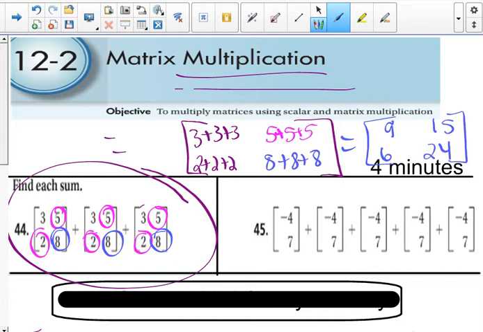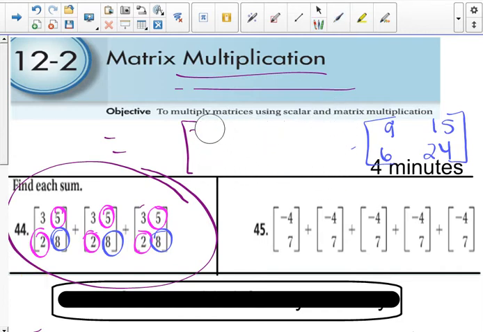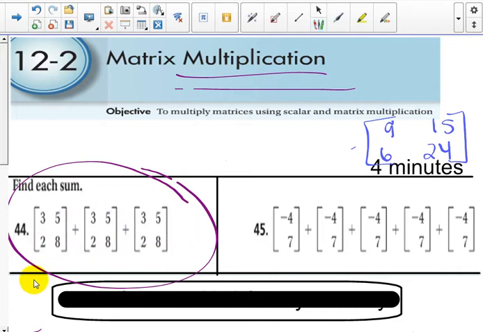There's another way to write this, and this is called scalar matrix multiplication, scalar multiplication. So how we would do that, and let me erase this. How many times are we multiplying each matrix together on number 44? We've added it together 3 times, excuse me.